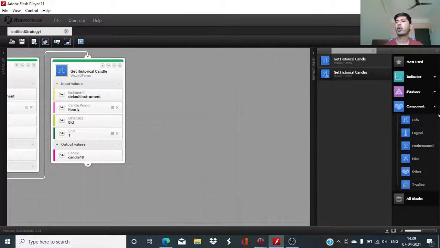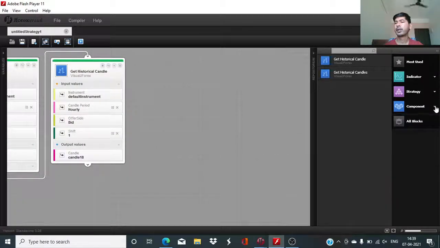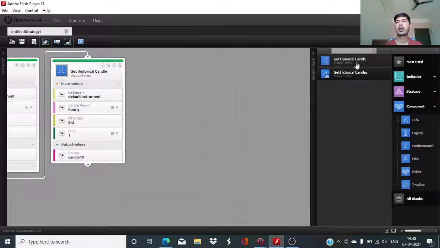And to pinpoint the entry, I think to optimize the entry, we will also have to rely on one more historical candle block with look back period of 2.